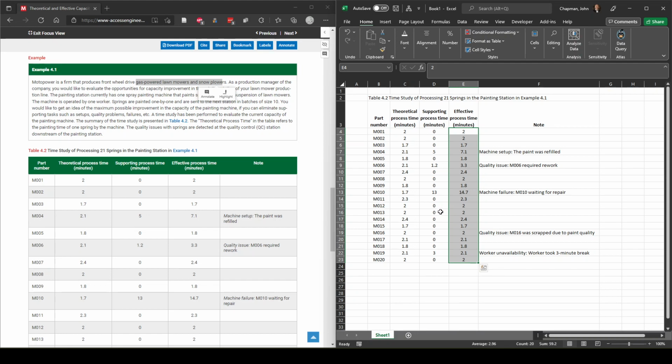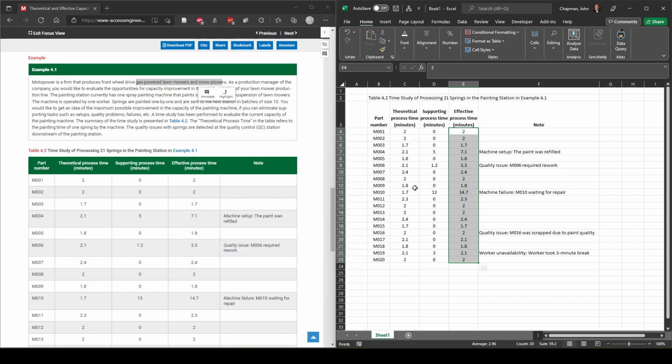And the difference between those two is the capacity improvement potential. Conceptually, if there's a large difference between the theoretical and effective, there's going to be some potential to improve that effective time. If the difference is very small, then the potential for improvement is also going to be relatively small.